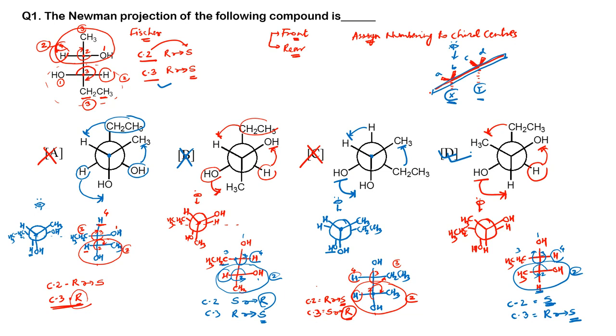So in this way, those students who are not able to convert the Fischer structure into the corresponding Newman, or Newman into Fischer, can take the help of this method, that is called the configuration method. And the advantage of this method is we'll have accurate confirmation of the molecule, since we are dealing with the absolute configurations.